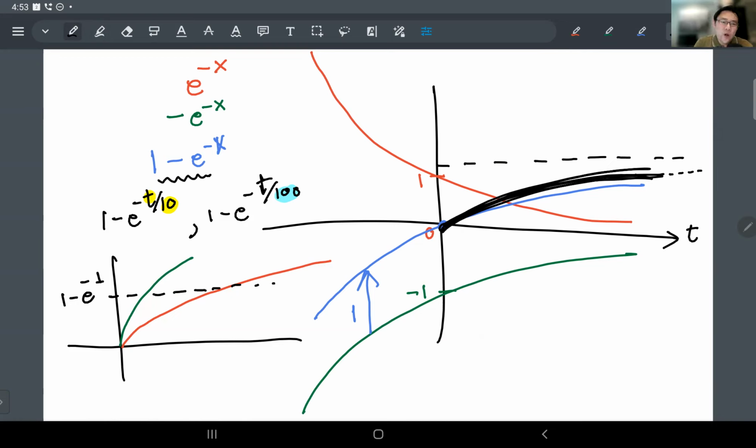Comparing these two functions, which one is supposed to hit the value of 1 minus e to the negative 1 first? What do you think? Of course, the one on the left takes only 10 seconds to hit this value. But the one on the right takes 100 seconds. So the green one takes only 10 seconds to hit that level, but the other one is going to take a longer time.